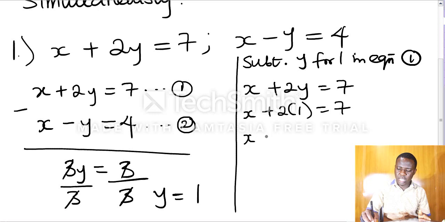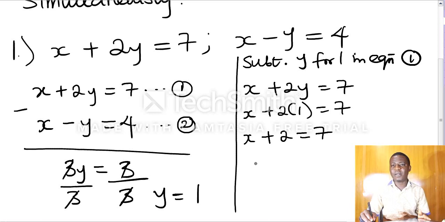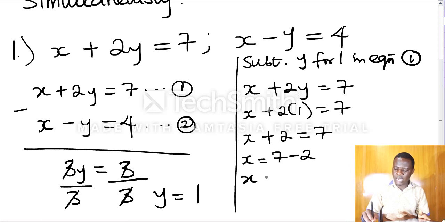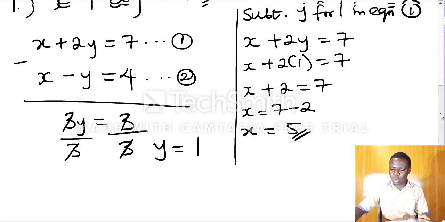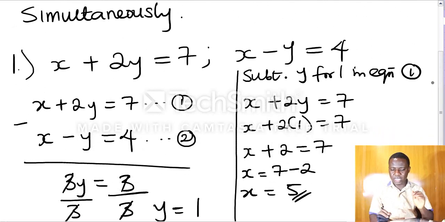This gives us x plus 2 is equal to 7. Making x the subject of the formula, by subtracting 2 from both sides, we have x is equal to 7 minus 2, and x is equal to 5. So with x as 5 and y as 1, these equations are said to be solved simultaneously.